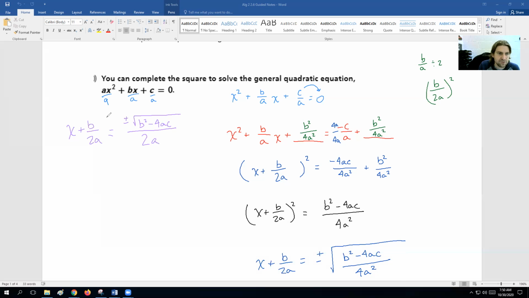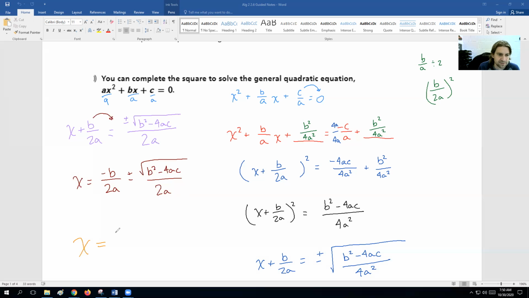Now the last thing we need to do is subtract b over 2a. So x equals negative b over 2a plus or minus the square root of b squared minus 4ac over 2a. And this is awesome because both of these have a common denominator, so we can combine them into one expression.